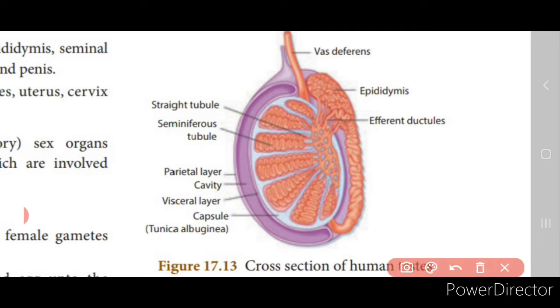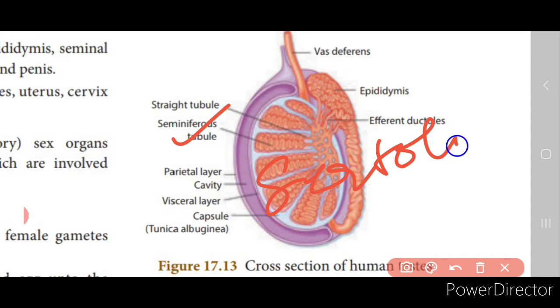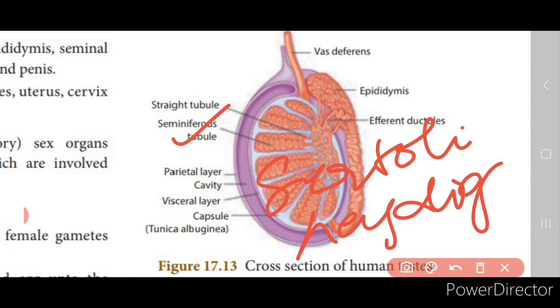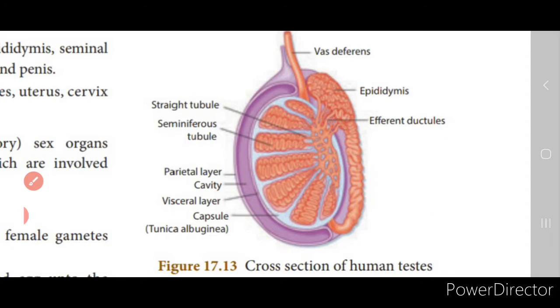These are the seminiferous tubules, right? And inside the seminiferous tubules are the Sertoli cells and the Leydig cells, right? These are the two cells that are present inside, and these are also called the important cells which take part in the reproduction process.